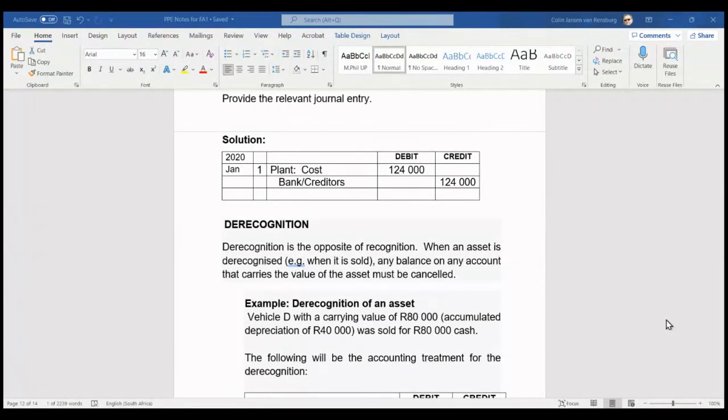Sibisiso asks, when we account for maintenance, do we have separate depreciation of the actual asset and the new engine? Yes. When it comes to maintenance, that is not part of your depreciation, right?